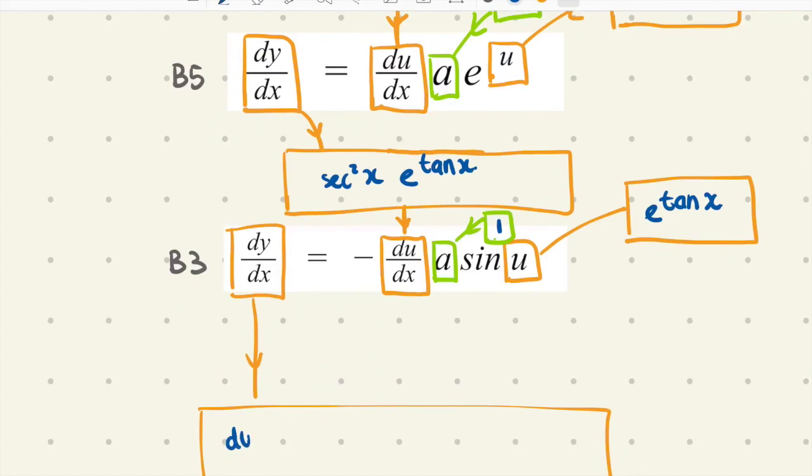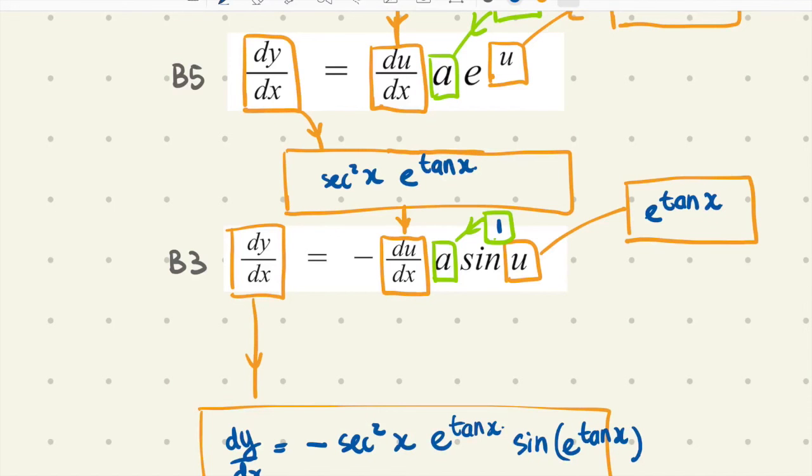That means our final answer is like this: negative secant square x e power tangent x sine e power tangent x. That's the answer.